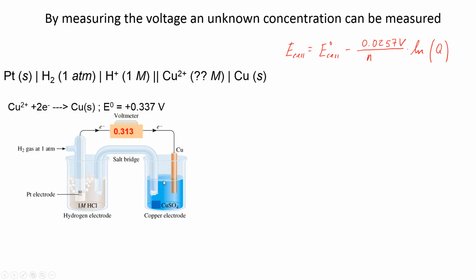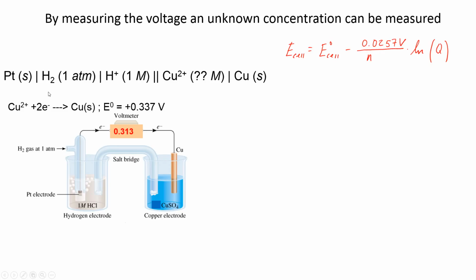We will use the Nernst equation in order to solve for the concentration of copper ions. We know E cell under the non-standard conditions 0.313, E cell standard 0.337, and we need to find the reaction quotient, Q. That's what we can solve for.